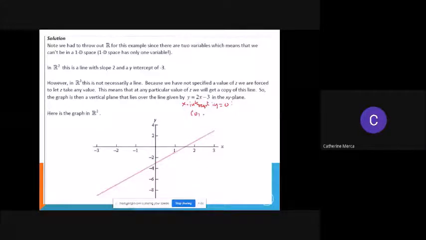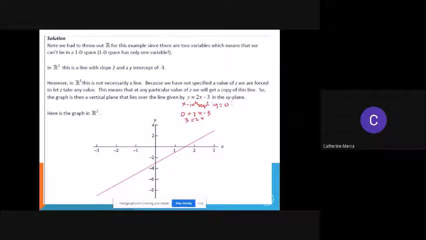Oops. Let's redo that. Let me erase it. Okay. Here, y. That is 0 equals 2x minus 3. So you will have 2x equals 3.